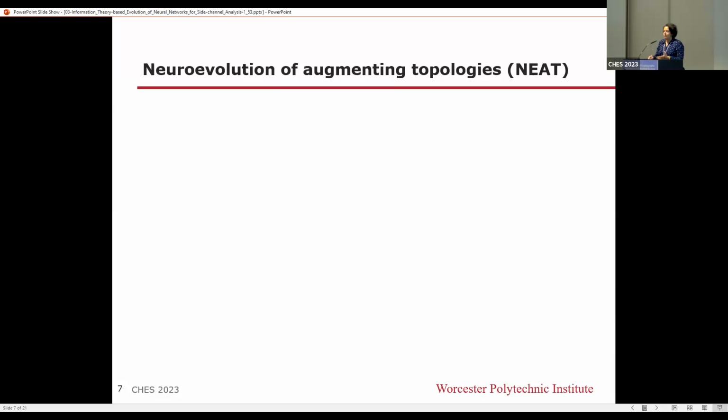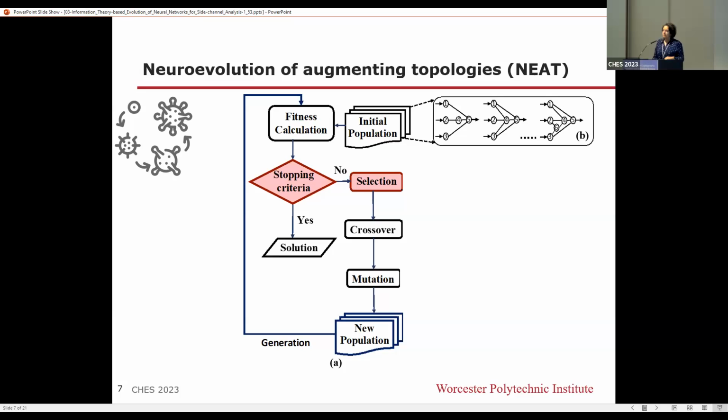And for that problem, we have a solution developed in machine learning, and that is called neuroevolution of augmenting topologies. That means just like a living creature, we start with a very simple genome, and this genome will evolve and make a new creature. And how is this possible?